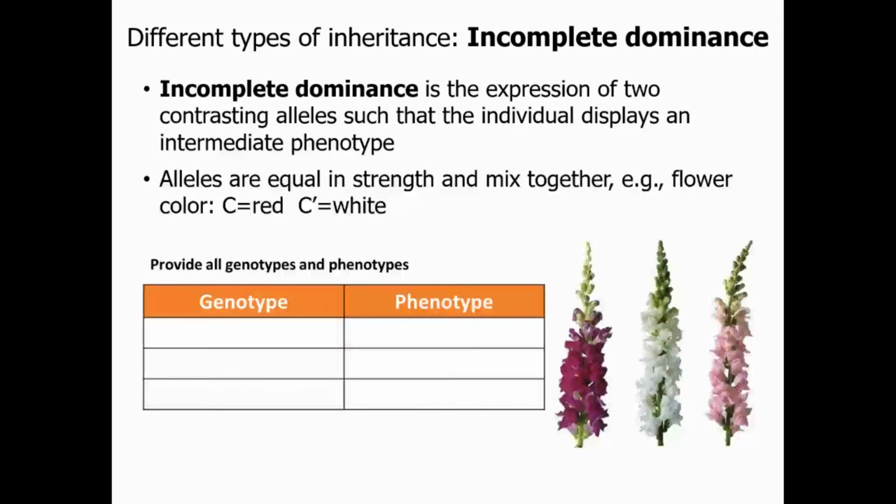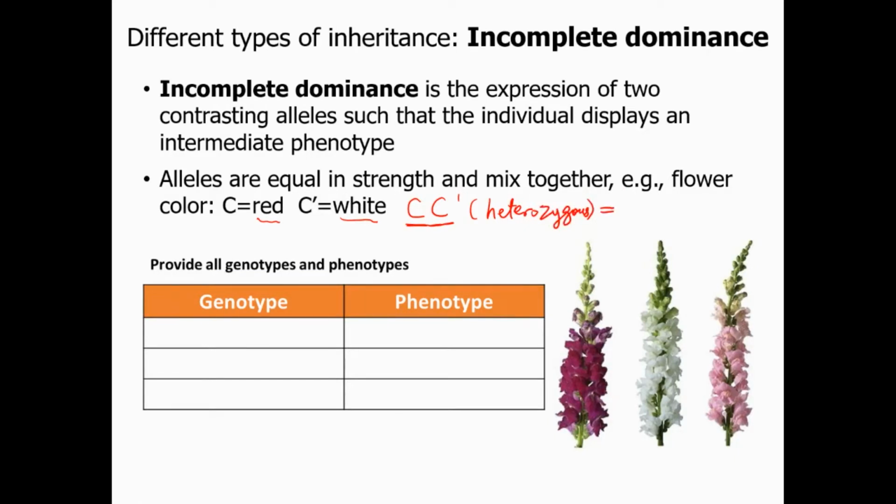If you have 2 different alleles, so in this case, if you have C prime, so C codes for red color and C prime codes for white color. If you have 2 different alleles, which you also say heterozygous, right?